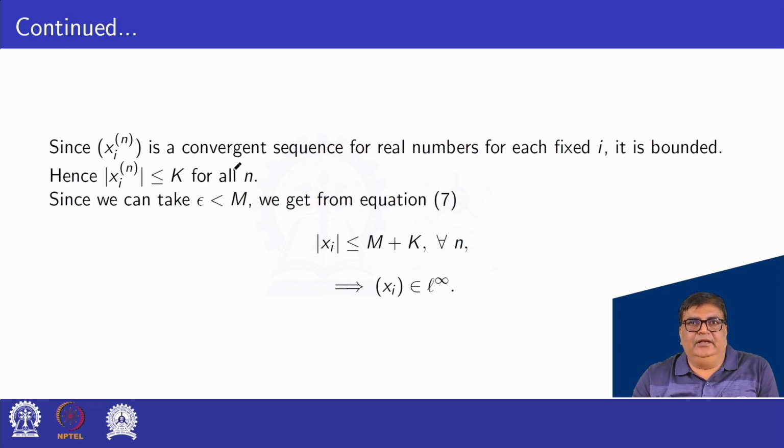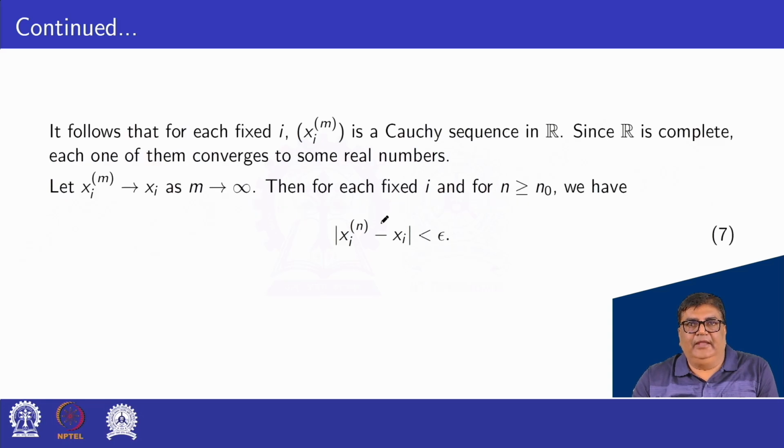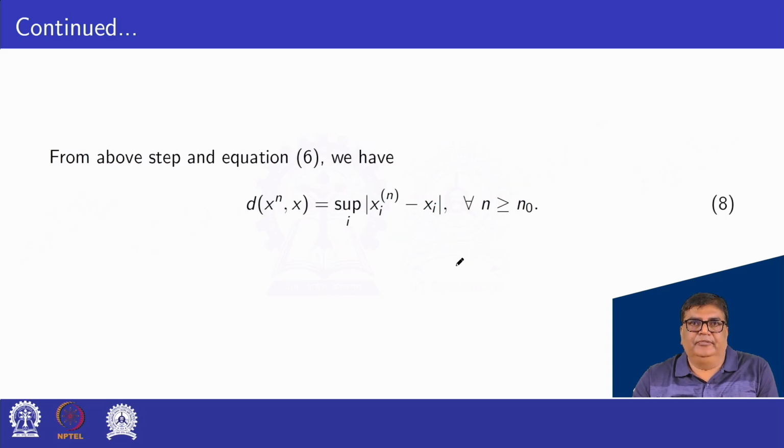Since x_ni is a convergent sequence of real numbers for each fixed i, it is bounded. Hence, mod x_ni is less or equal to k for all n. Since we can take epsilon less than M, we get from equation 7 that mod x_ni minus x_i is less than epsilon, which is less than M, where M is a positive real number.